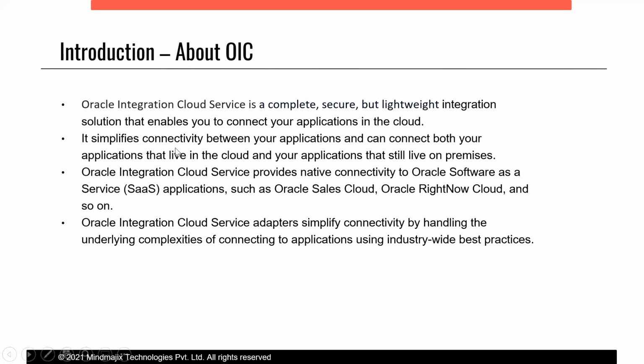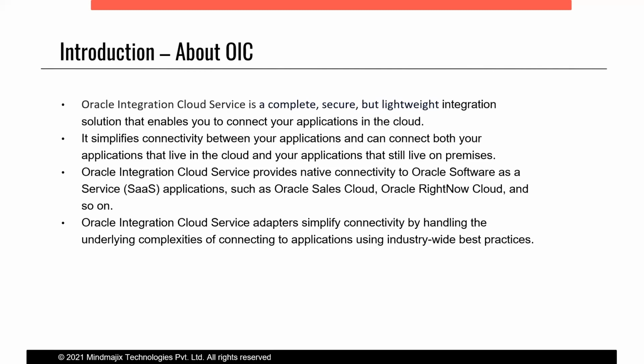If you see here, it simplifies connectivity between your applications. It can connect both your applications that live in the cloud and your applications that are still on premises. Nowadays all organizations are going to the cloud, but previously they had some applications still running on their own servers or on-premises systems.